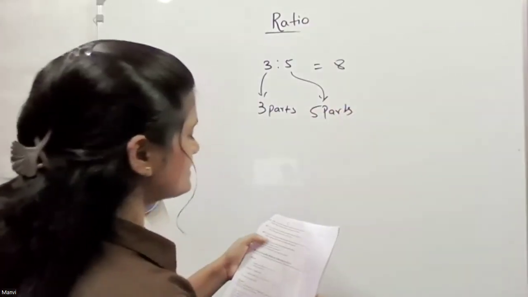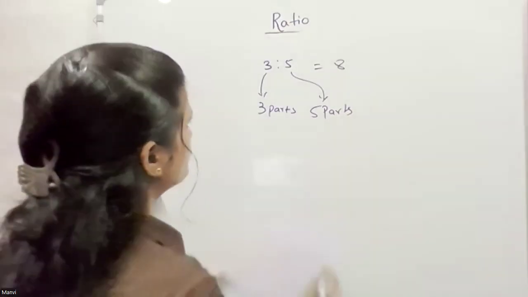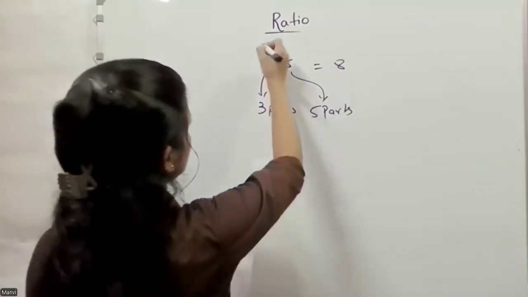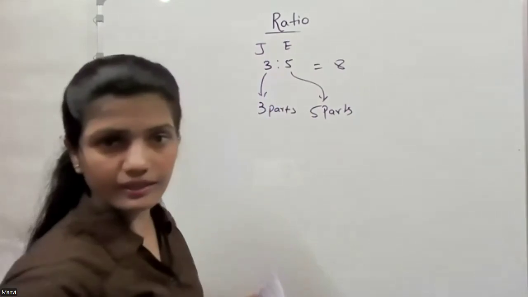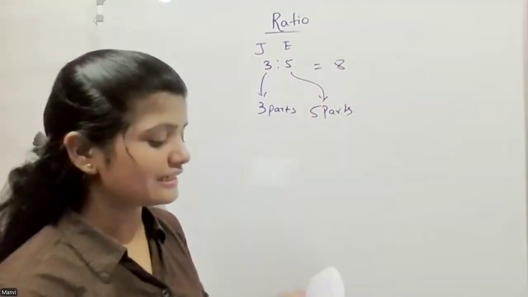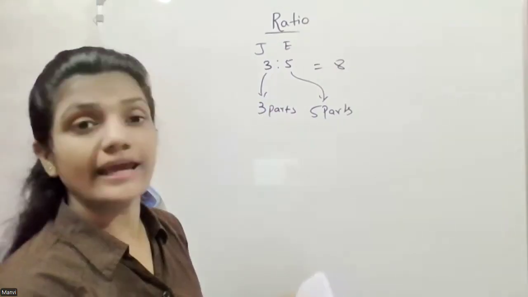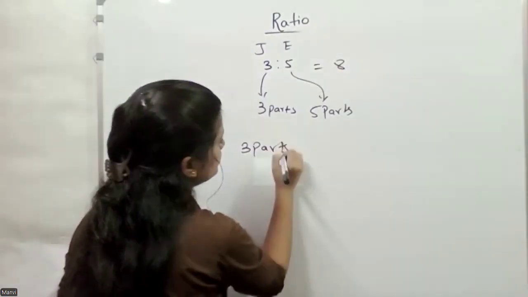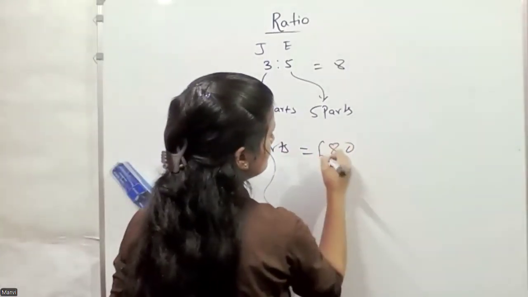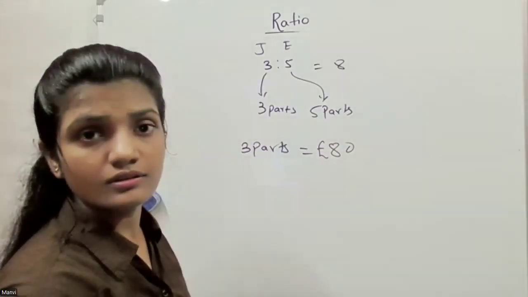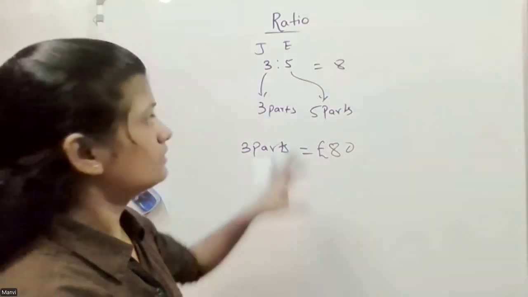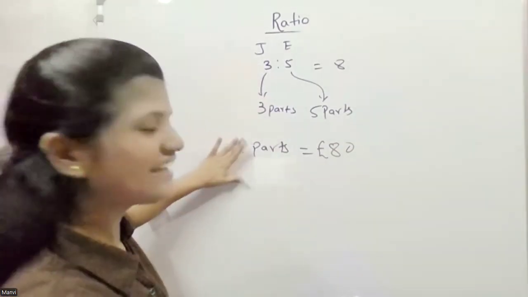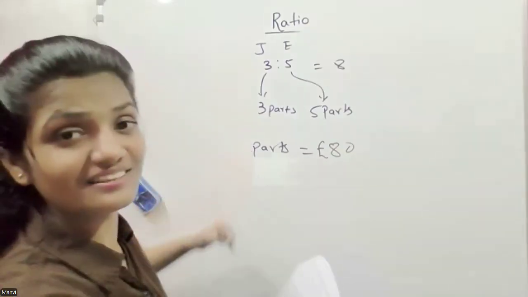So what does it say? It says Emily will receive 80 pounds, which means this 5 parts equals 80 pounds, because John is 3 and Emily's is 5. Yes, you are correct.